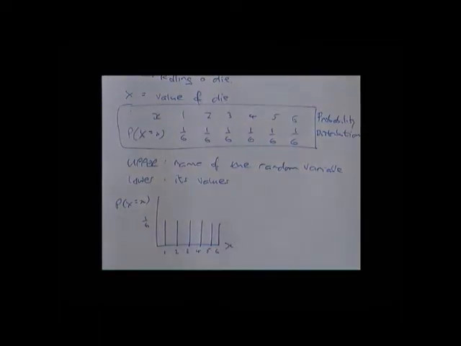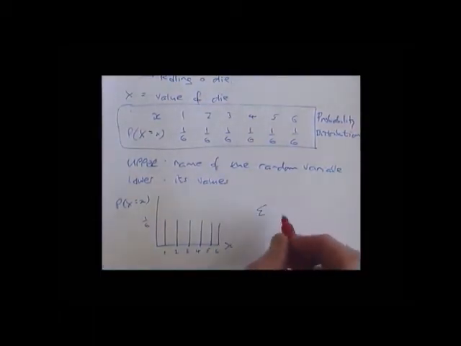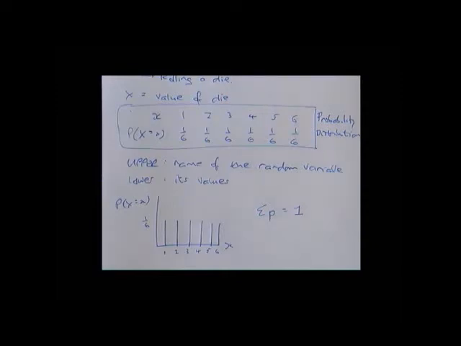What do we know about the probabilities? Add up to 1. Yeah. Okay. We know that the sum of each of the probabilities adds up to 1. What else do we know about each of the probabilities? They're all equal. In this example, they're all equal, yeah.